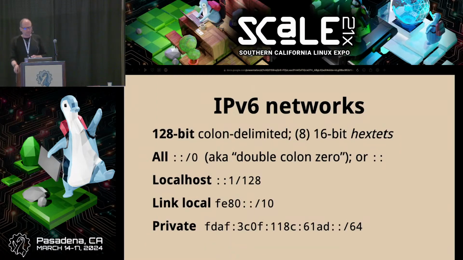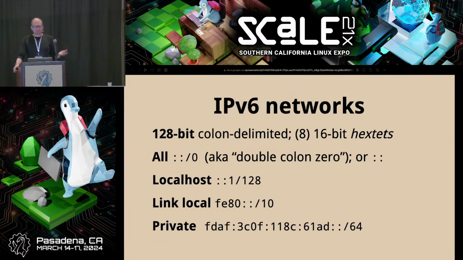So just to recap that, IPv6 addressing is 128-bit. It's a stupendously large amount of address space. And you have eight 16-bit hextets, as they're called. The entire internet is referred to as ::/0 or just ::0. And commonly, you can just refer to it as :: and people know that that means everything.